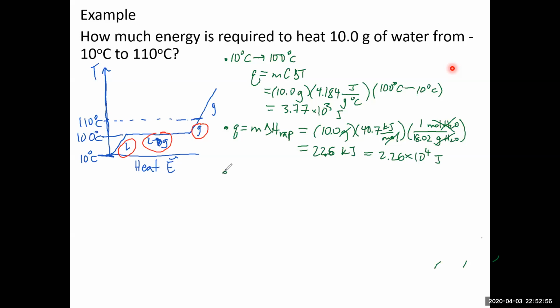And then lastly, we're going from 100 degrees Celsius to our 110 degrees Celsius. So during this temperature shift, we will again use the equation Q equals mc delta T. Our mass, again, is 10.0 grams of water.